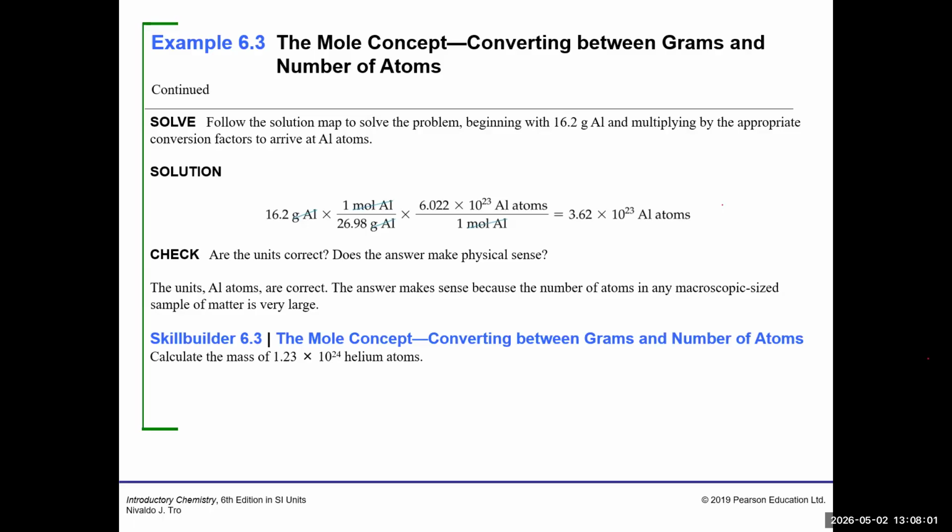Who can continue where Philip ended? Use Avogadro's number to get what? So we use the Avogadro number to get the moles. Okay, and then once you get the moles, then what else?